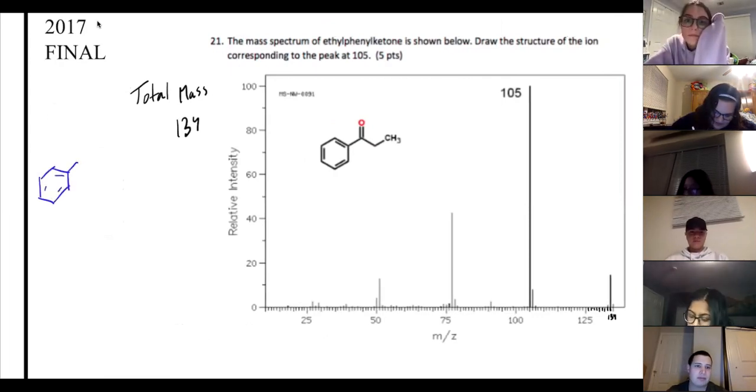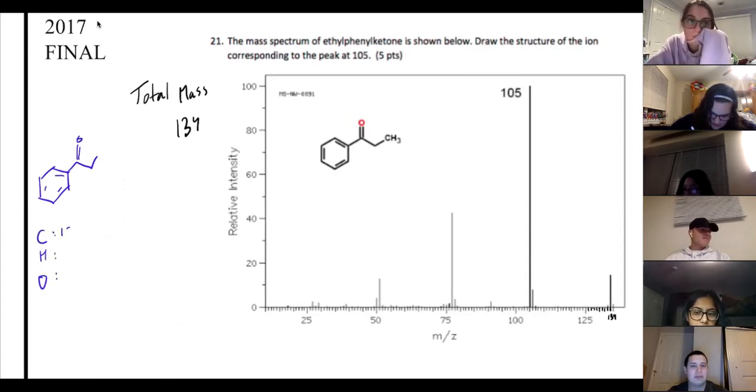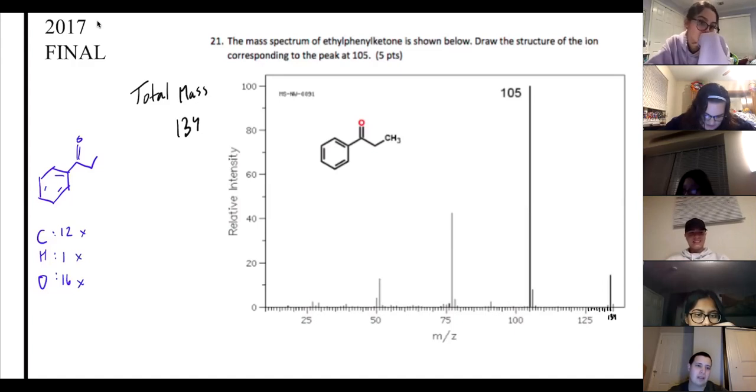So if you do decide to calculate it, you get carbons, hydrogens, oxygens. And I always do the mass number first, I don't know why, and then I multiply it by how many there are. So carbons, there's 9. Hydrogens is 1, 2, 3, 4, 5, 6, 7, 8, 9, 10.